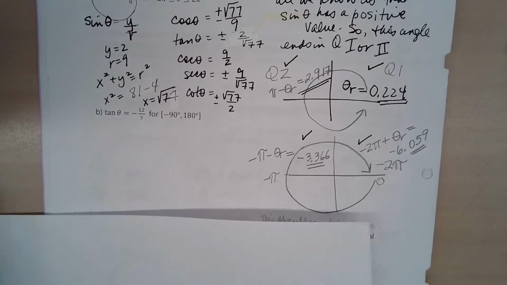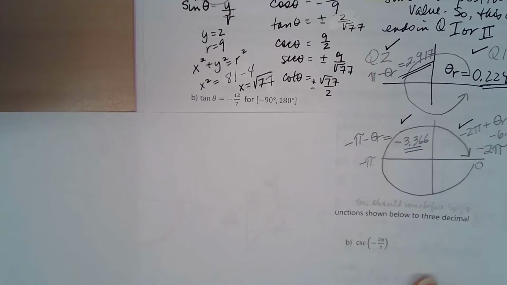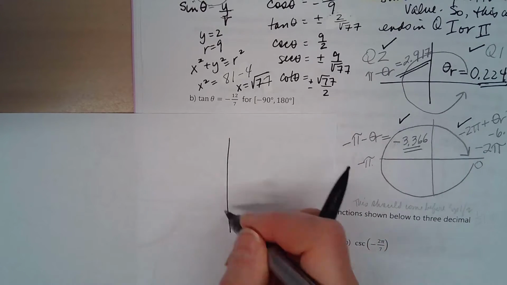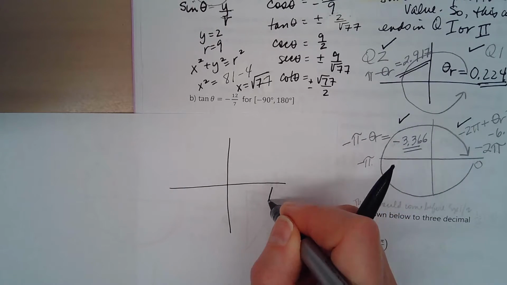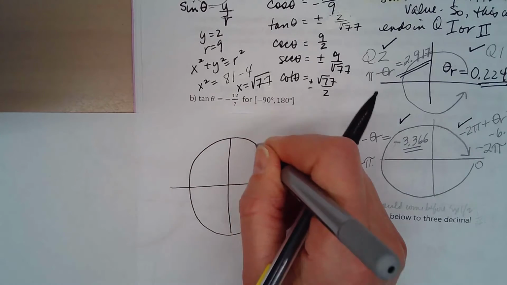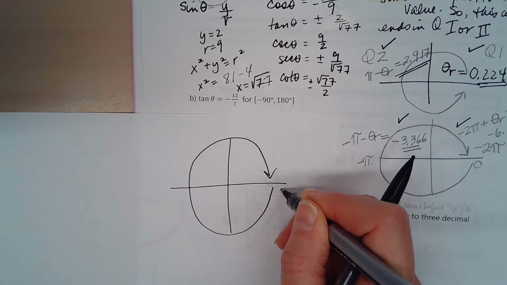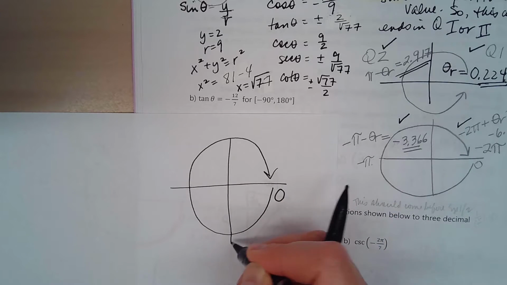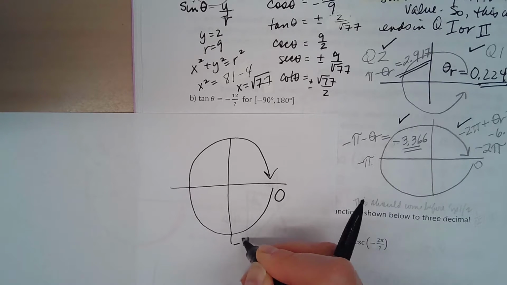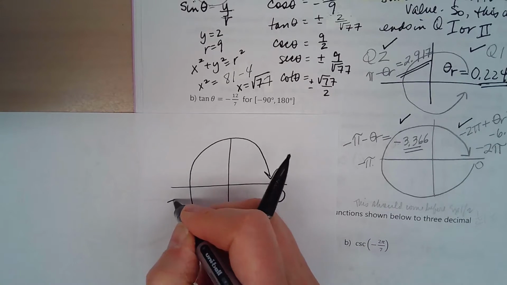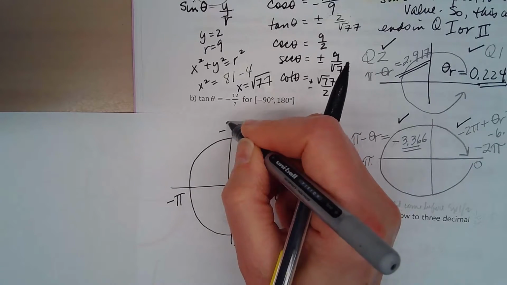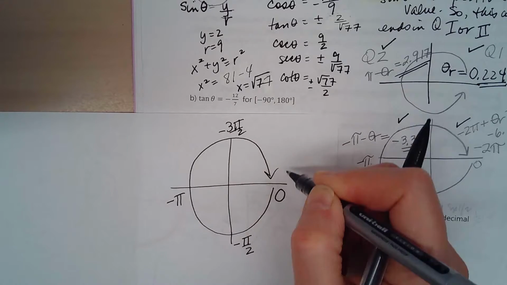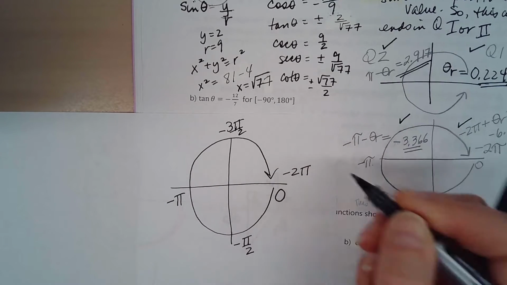Okay. How do I set up my negative circle? Okay, so if I think about it, going in the negative direction, this is always your 0, right? So if I go here, this will be in the negative direction. This is negative pi on 2. This is negative pi, negative 3 pi on 2, negative 2 pi. Okay?